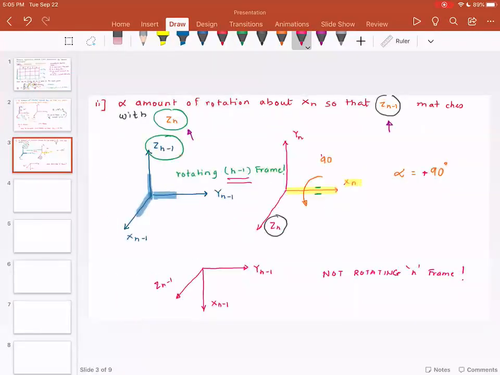For alpha, n minus 1 frame is rotated about Xn. So I don't understand what question John is referring to, but this is how it should be. We are not rotating n frame anywhere. We are not rotating n.